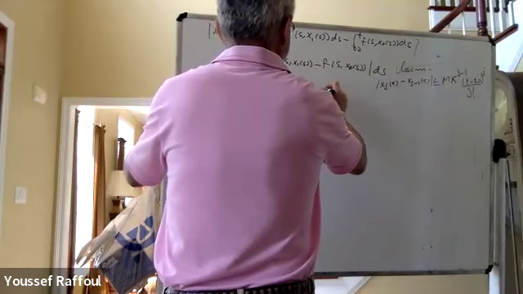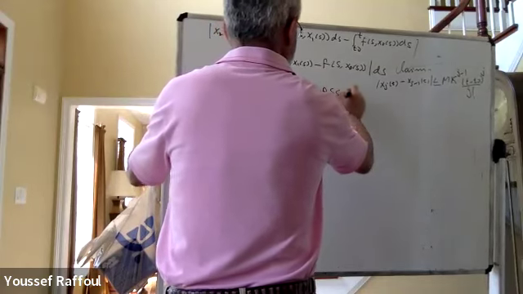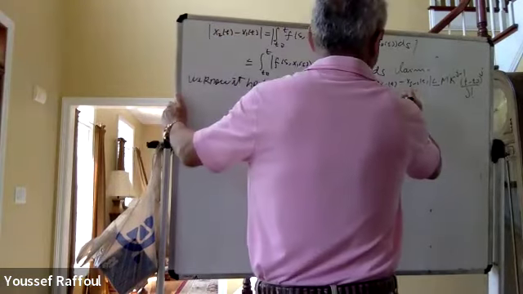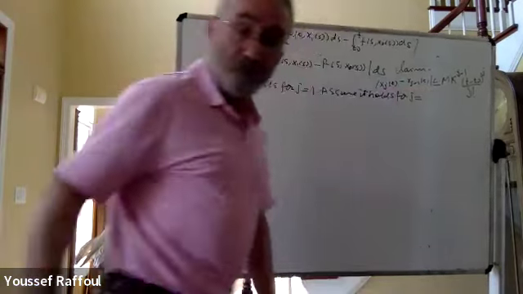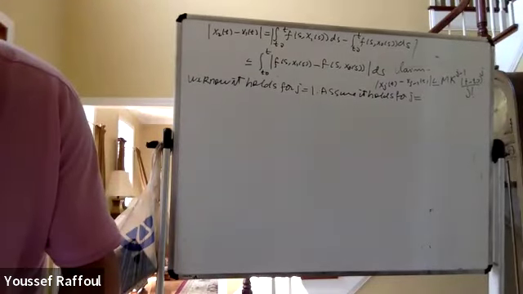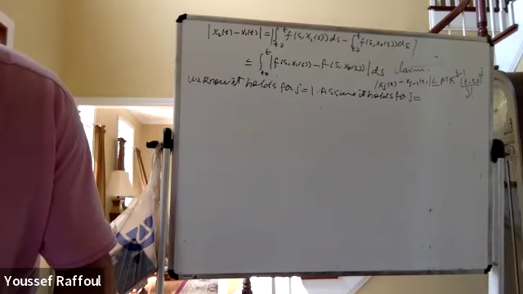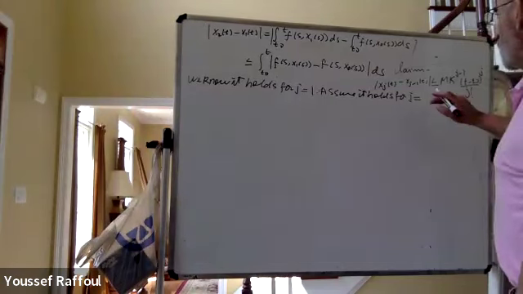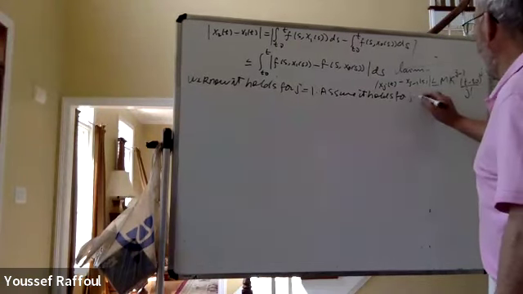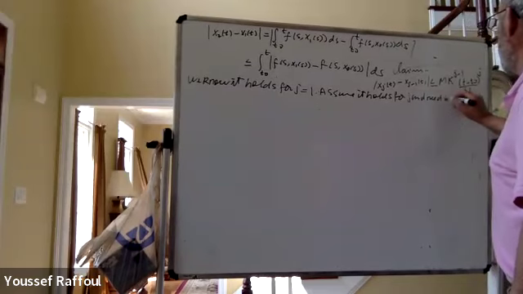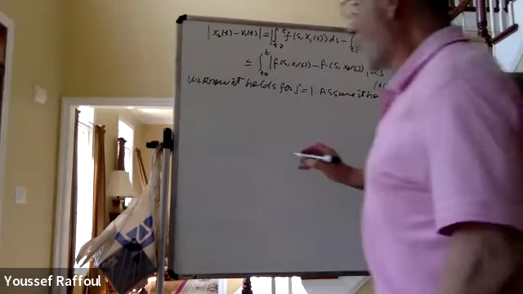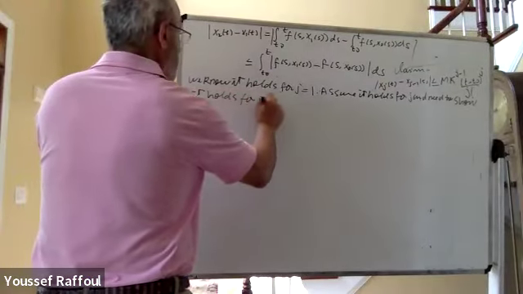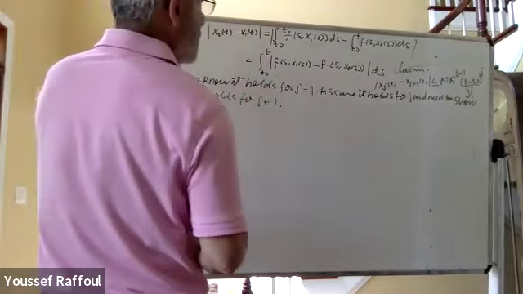Then assume it holds for j, and we need to show it holds for j plus 1.